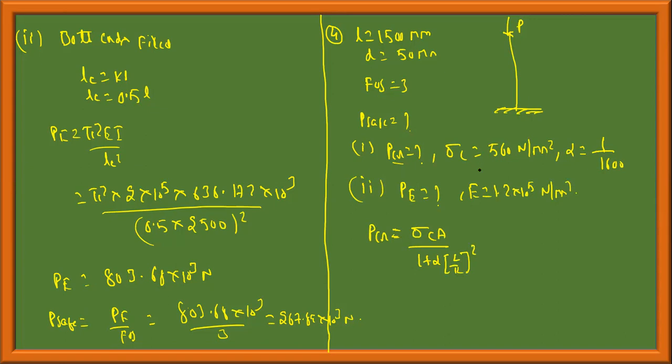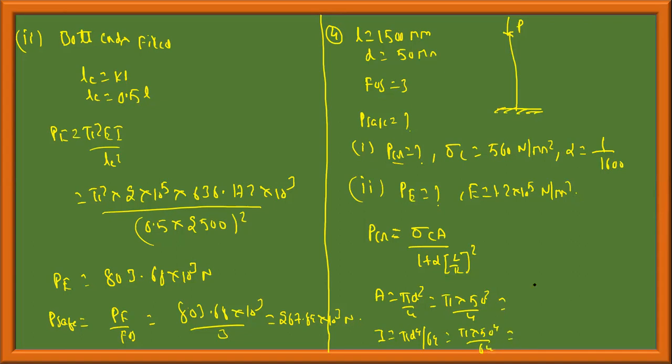We know sigma C, we know alpha. Area of circular cross section is pi d square by 4, which is equal to pi into 50 square by 4. You tell me this. I is equal to pi d power 4 by 64, which is equal to pi into 50 power 4 by 64. Tell me this.